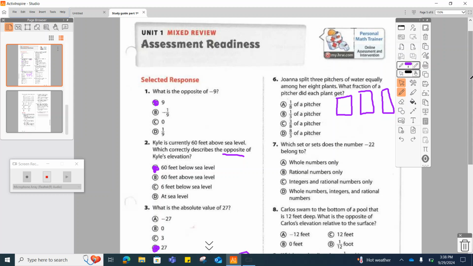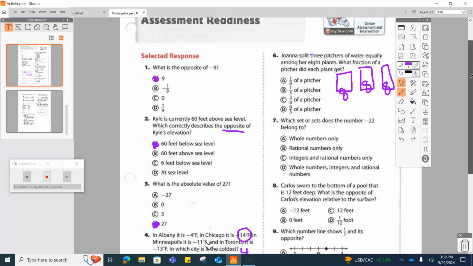So let's think about this. If she split this into 8s, she split this into 8s, and she split this into 8. So I think of her taking this pitcher, sorry, it's making a mess here. We're having some issues here, so let's clean that up. And she poured that first pitcher on her 8 plants.